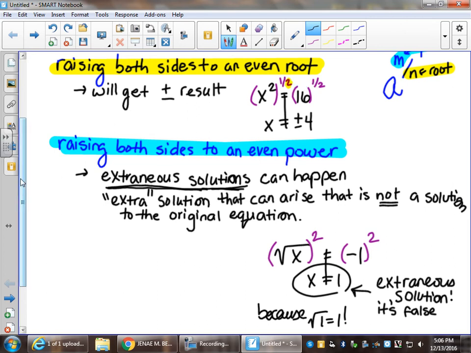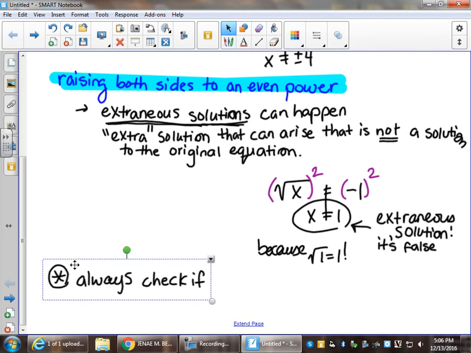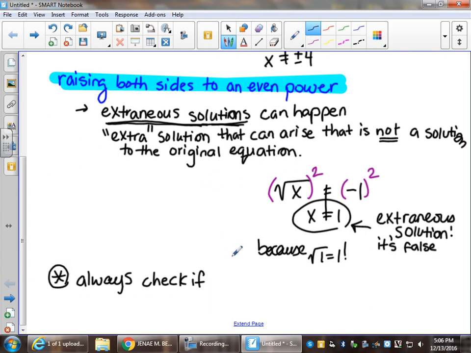So, always check if the original equation is an even root.